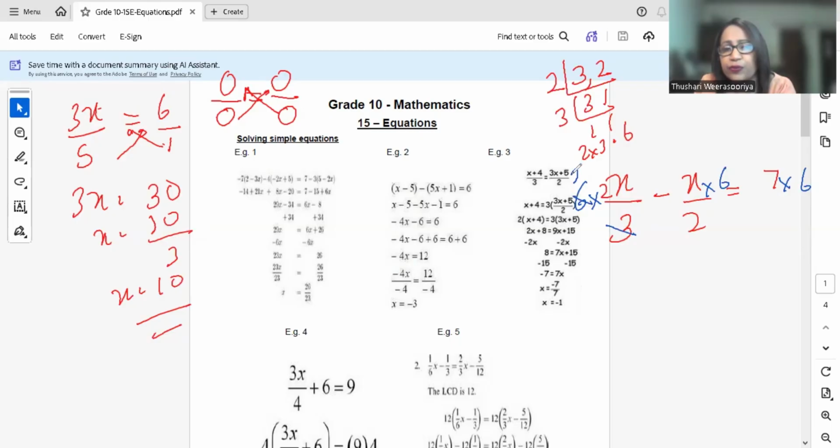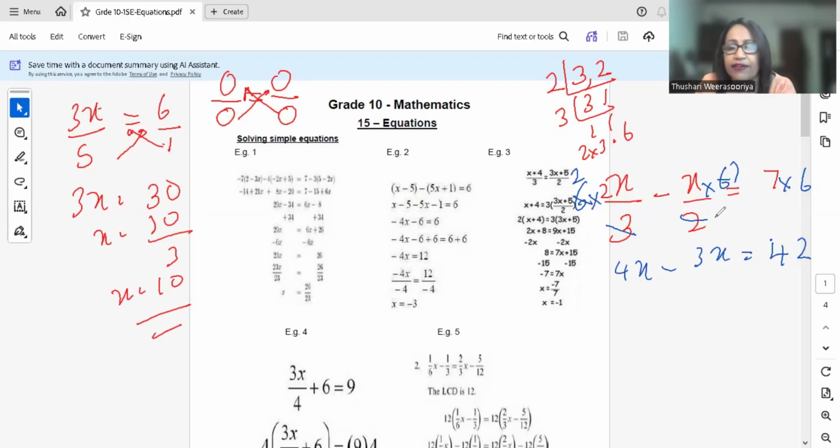3 times 6, 2. 2 times 2, 4x. Minus 2 times 3, 3x equals 7 times 6 is 42. There, you get a simple equation. Earlier, it was a very complicated question, but we can remove the fraction form.